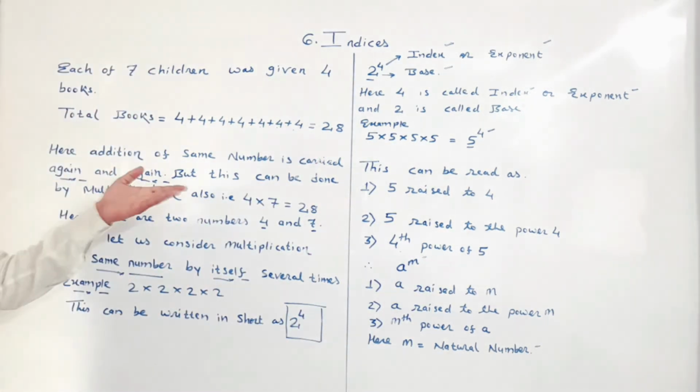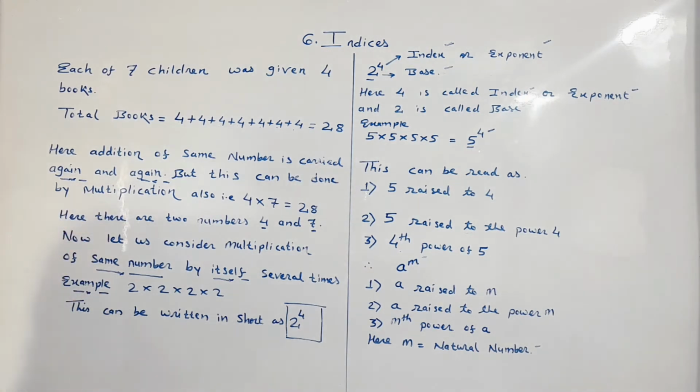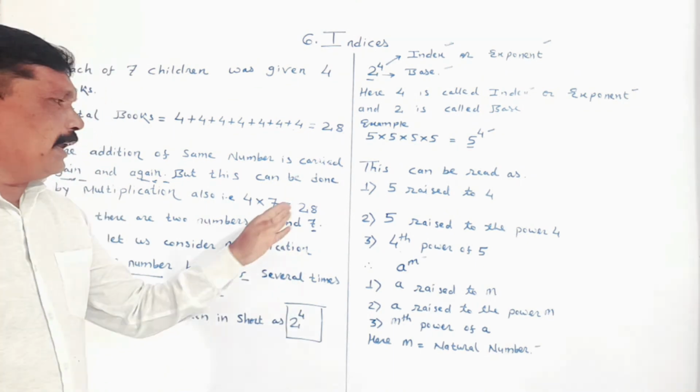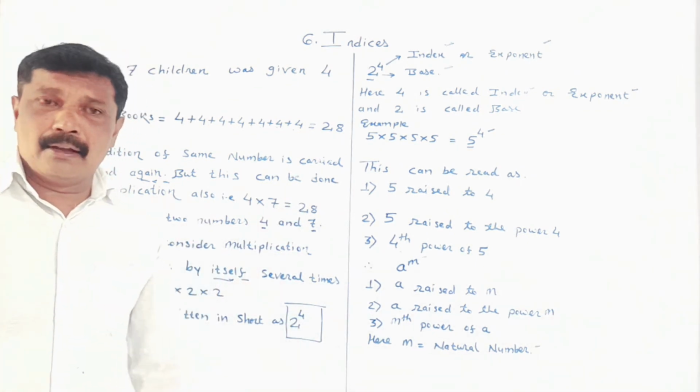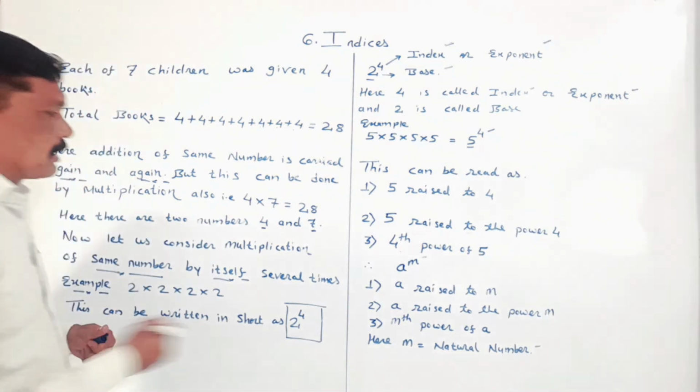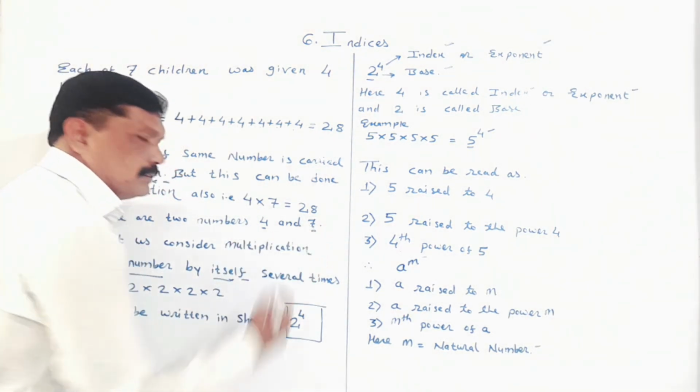But the same can be done by multiplication also. We can write 4 into 7 and get the answer 28. But my dear student, if we observe carefully, here we see two numbers, that is 4 and 7.